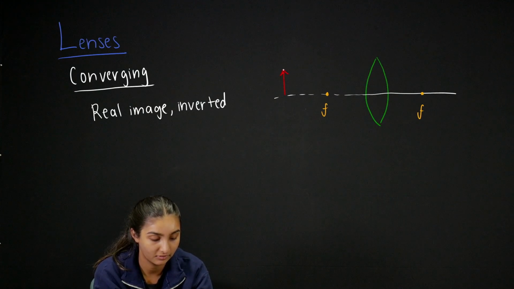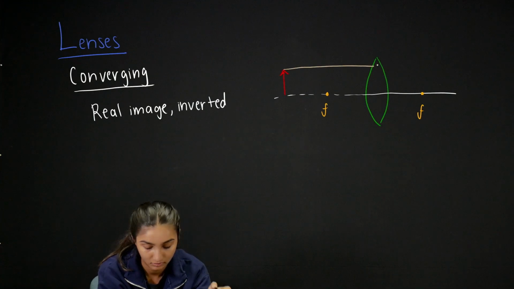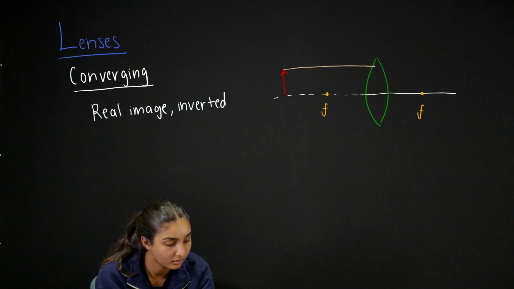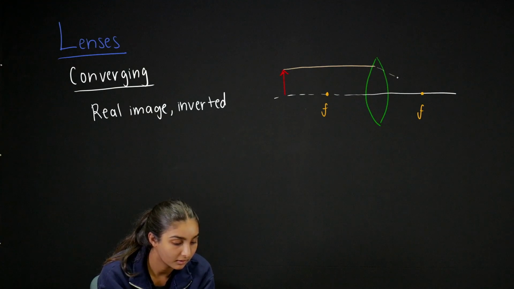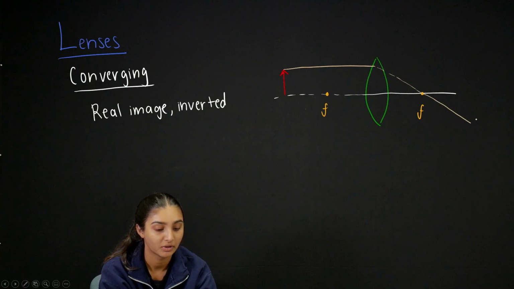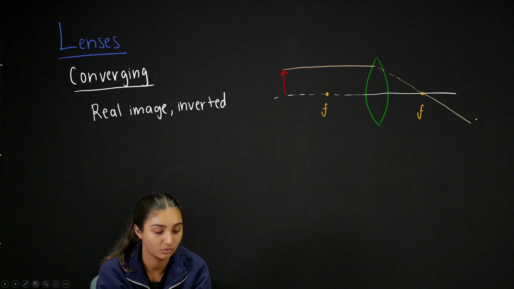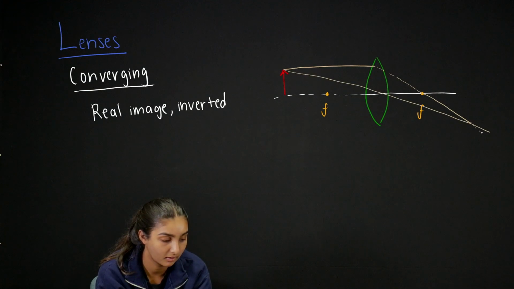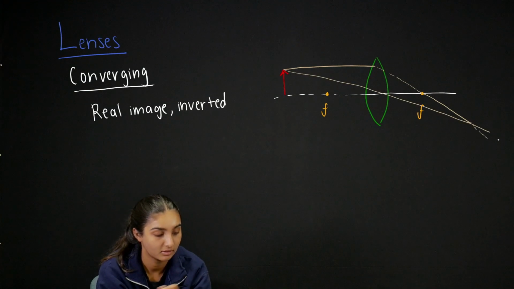We're going to have our parallel line go through our focal point on the other side, and then we have one go through the center from our object to the other side.